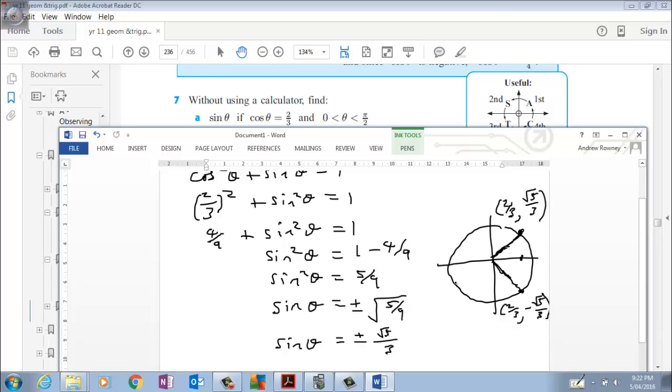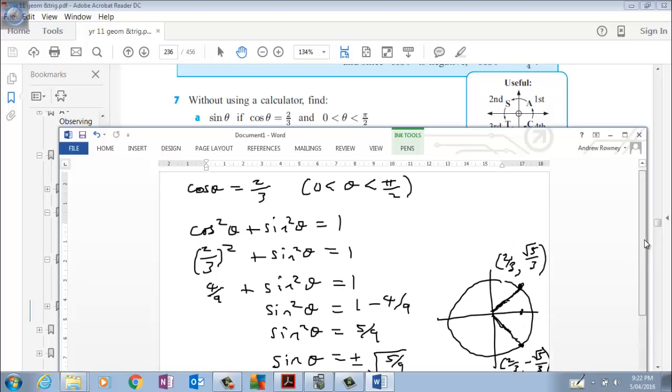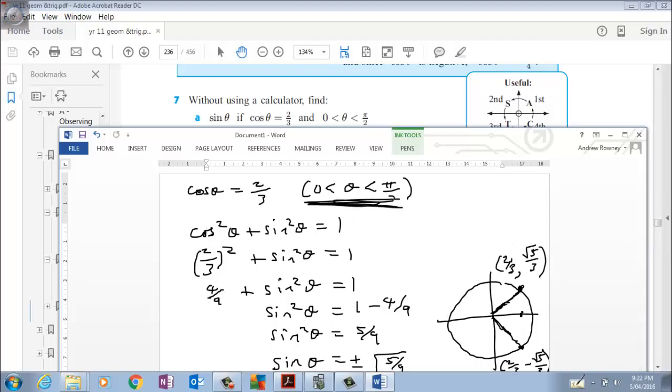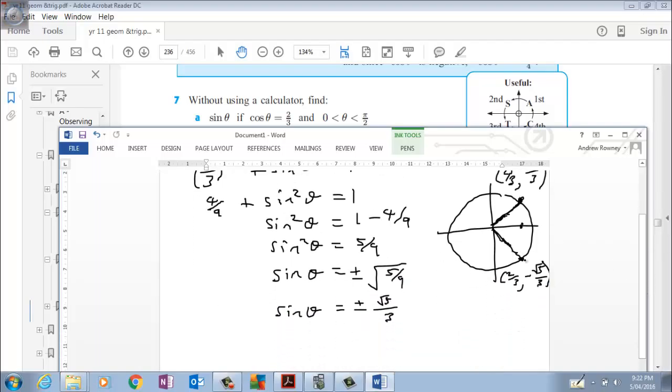But they've given us a constraint that we have to be in the first quadrant. So they don't want us to give this point down here. So what we do is we end off by saying this: sine theta equals just the positive version, the positive root 5 on 3, and we give the reason because of this constraint that theta has to range between 0 and pi on 2.